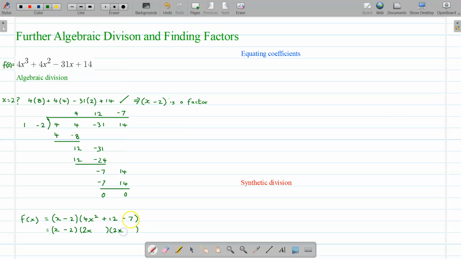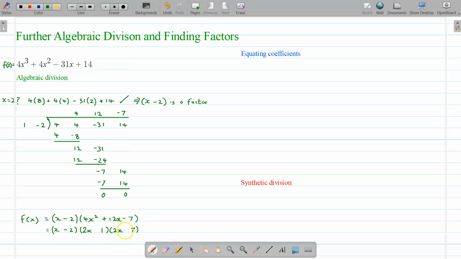And to get the negative 7, that can only come from either plus 7 times minus 1 or minus 7 and plus 1. And to get the 12x in the middle, you see, 1 times 2x is 2x, 2x times 7 is 14x, and I would need to do the 14x minus the 2x to get 12x.